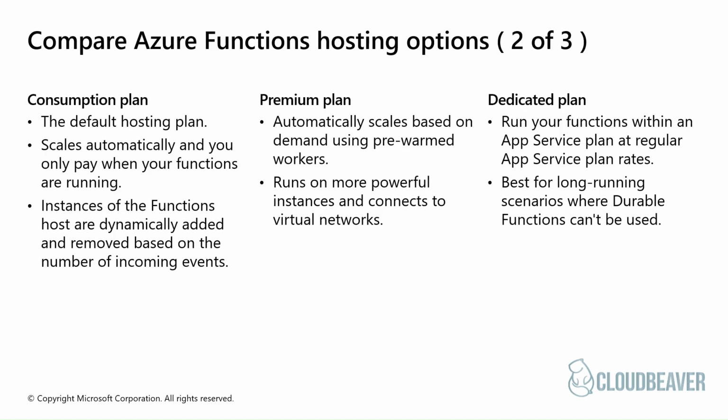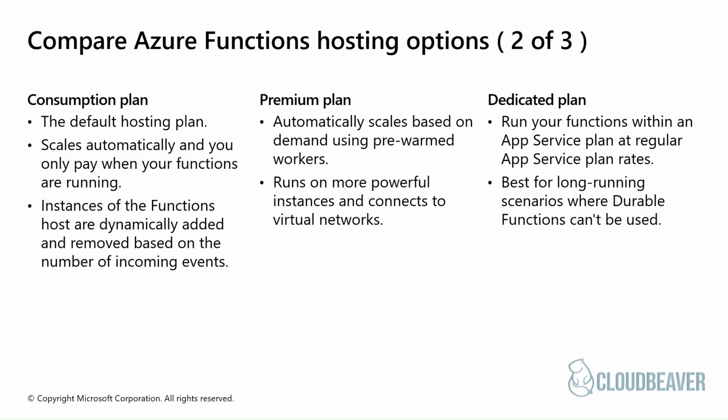Now, regarding the Azure function hosting options, you have the consumption plan, which I told you is the default hosting option. Auto scaling will happen based on the number of requests you get, so you pay for the number of transactions you perform. Your Azure function will add and remove virtual machines for you based on incoming events and requests that it receives per second.